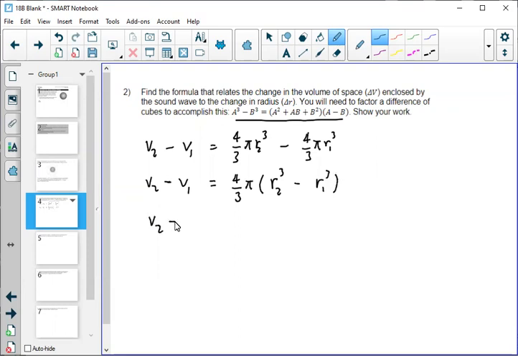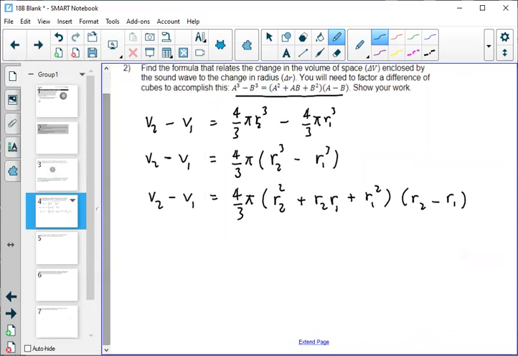And then we still have V2 minus V1 on the left side. And then we get 4/3 pi, parenthesis, R2 squared plus R2 R1 plus R1 squared times R2 minus R1. Let me just scroll that up a bit.